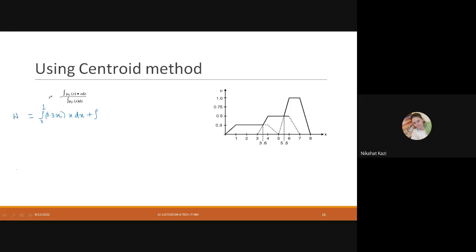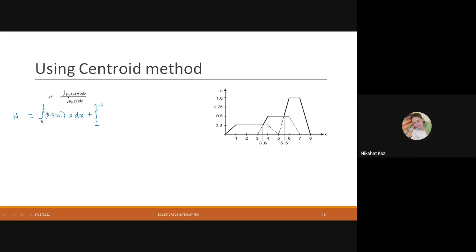Similarly, we'll write the denominator. From 1 to which point? This point we have found. How did we find it? These two lines are intersecting at this point. You know the equation of this line and of this line, so you can compute this value. It comes out to be 3.6. So from 1 to 3.6, what is the equation of this line?